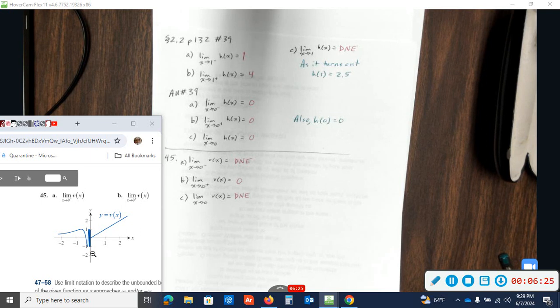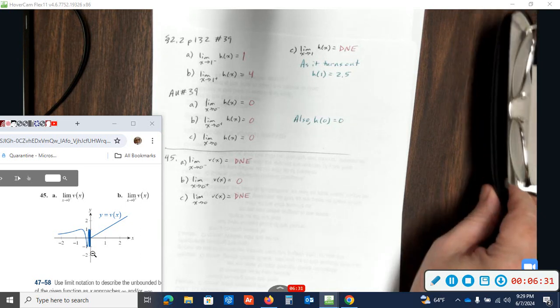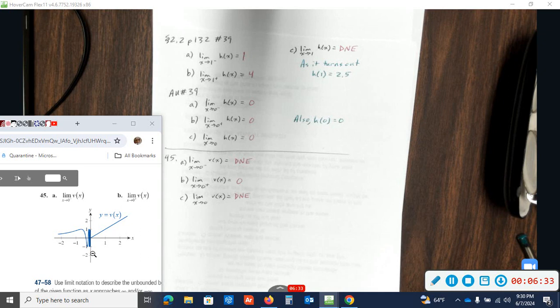But the point is that the limit doesn't care. The idea of the limit is the value that a function is getting close to without caring about what happens at the actual target value, just about what happens near the target input value.